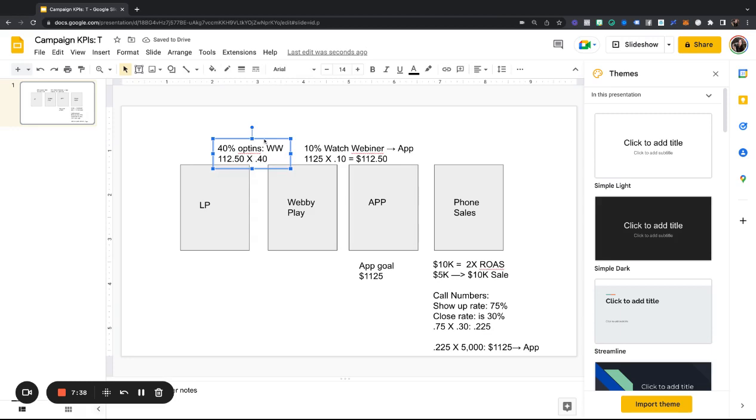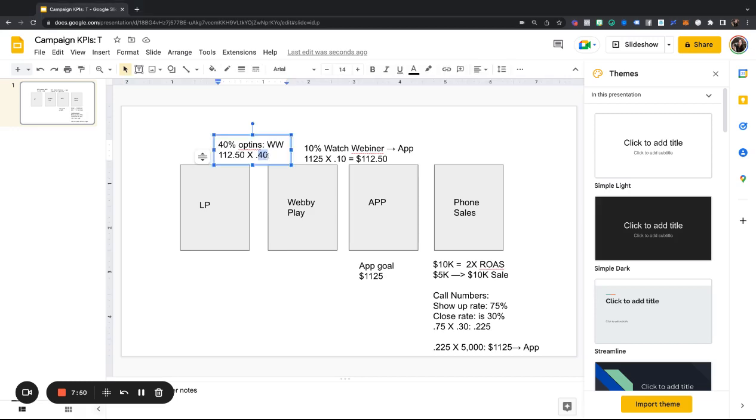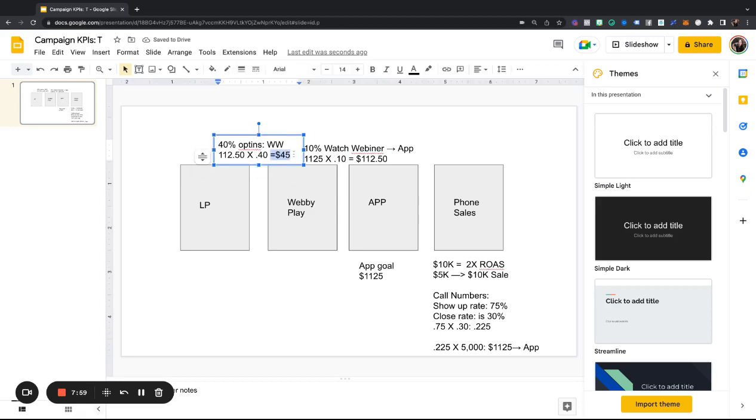I tell you guys all the time, this is all just one big math problem. 112.50 times 0.40 is $45. So our cost per lead needs to stay around $45.